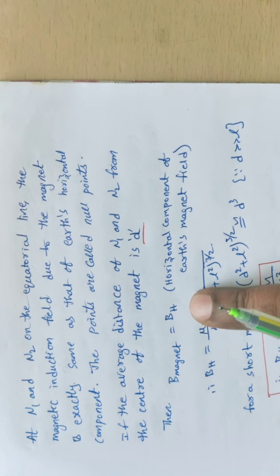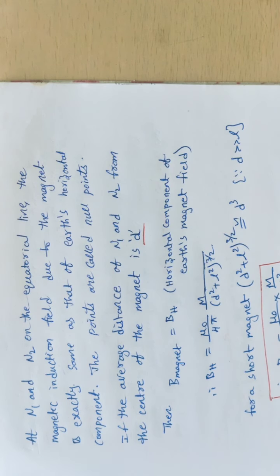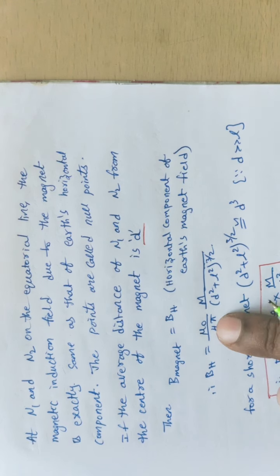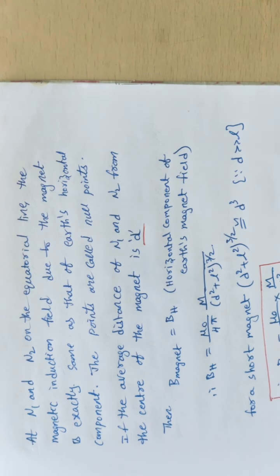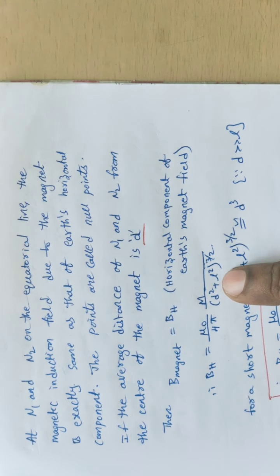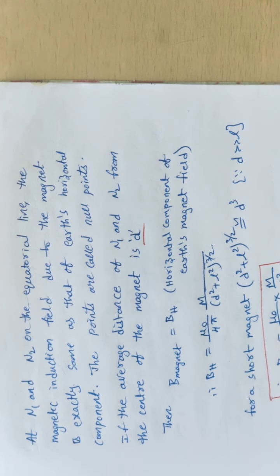BH is nothing but the horizontal component of Earth's magnetic field. So students, BH is equal to mu naught by 4 pi into m divided by (d square plus l square) whole power 3 by 2. This is generally the magnetic induction value on the equatorial line.